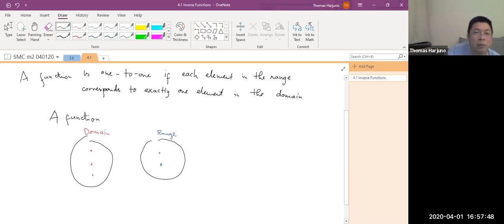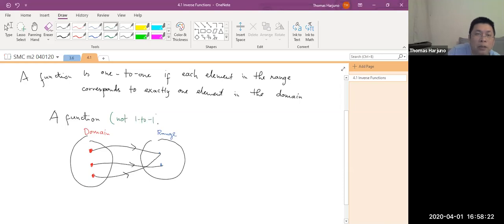Then each element in the domain corresponds to exactly one element in the range. Now, this is a function, right? Because every element in the domain corresponds to exactly one element in the range. But even though this is a function, this function is not one-to-one.